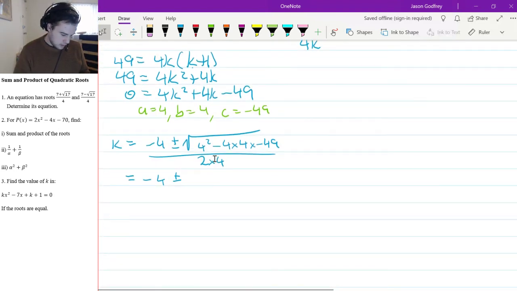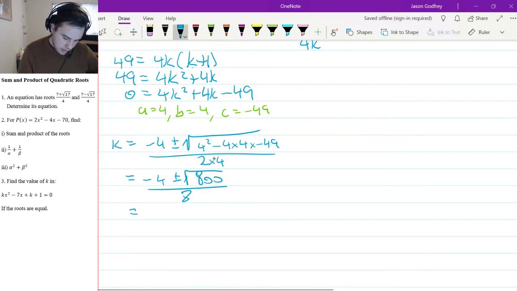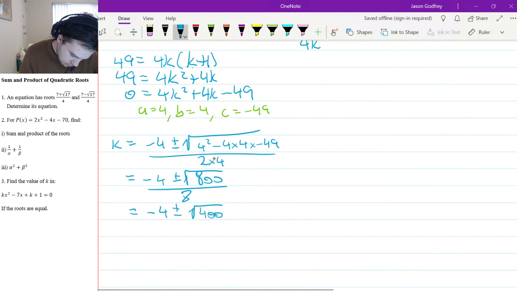We've got 16 plus 4 times 4 times 49. Oh, that's nice. 800, all over 8. So root 800 is root 400 times root 2, and root 400 is 20.